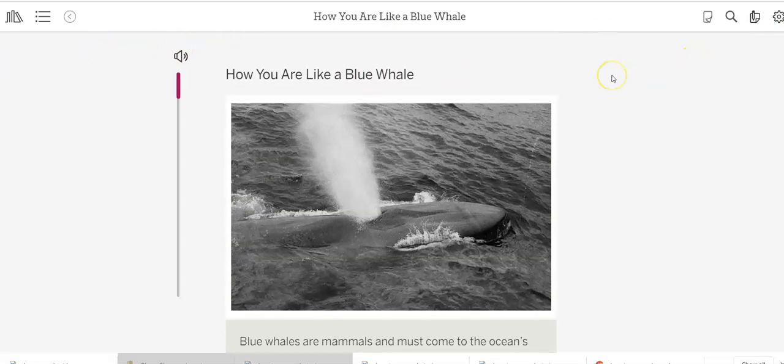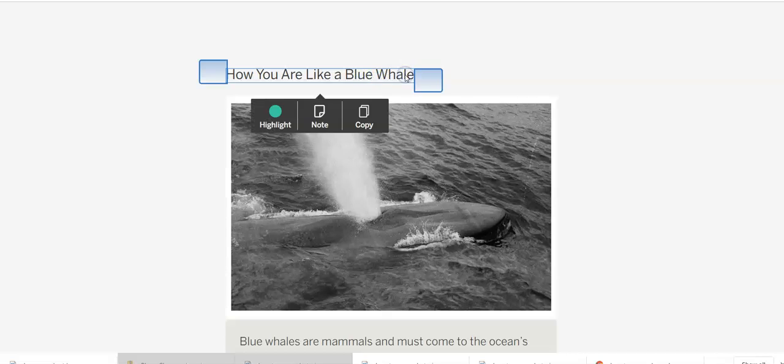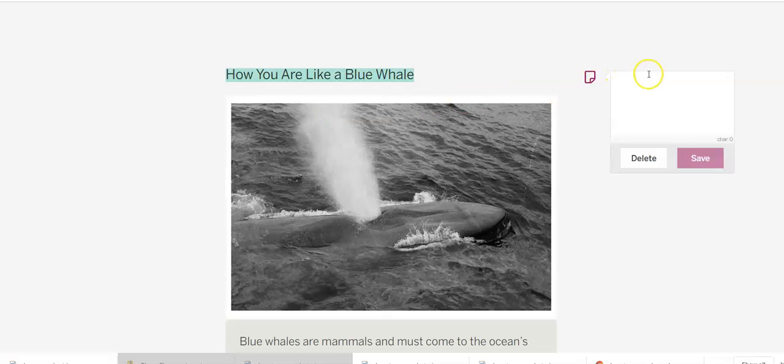Okay, let's annotate how you are like a blue whale. That first is a very weird title, so I'm going to highlight this, and I'm going to make a note. We've been talking about how to compare bone structures, but how am I like a blue whale? First of all, a whale is in the water.